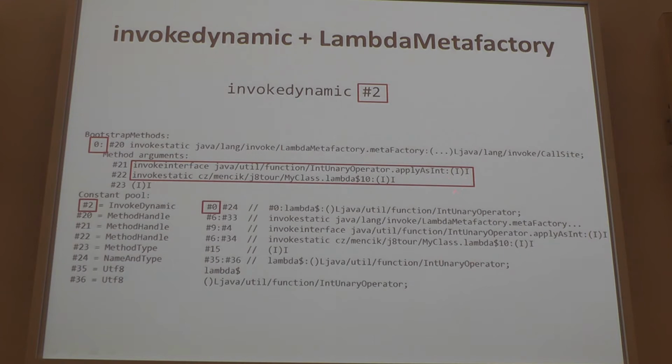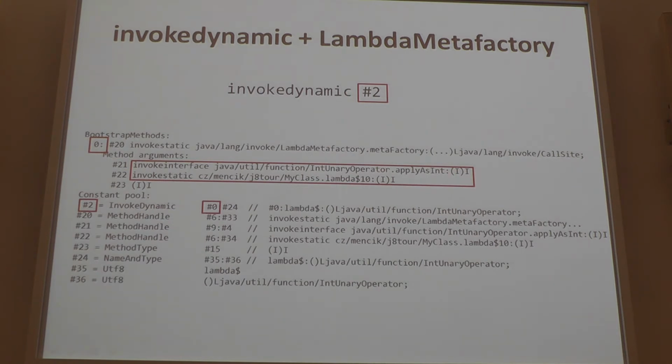It takes an int and returns an int. And the implementation method is a static method in the same class where you use or define your lambda expression. In this class there is a special method called lambda$0 that takes an integer and returns an integer. The signature is the same as here.